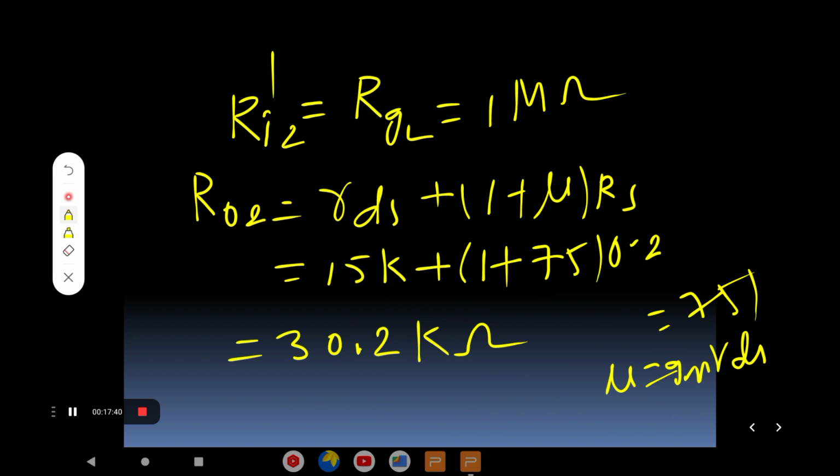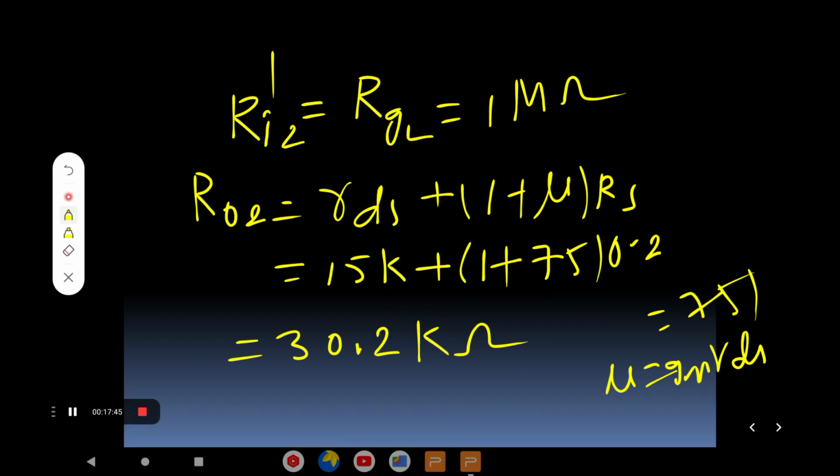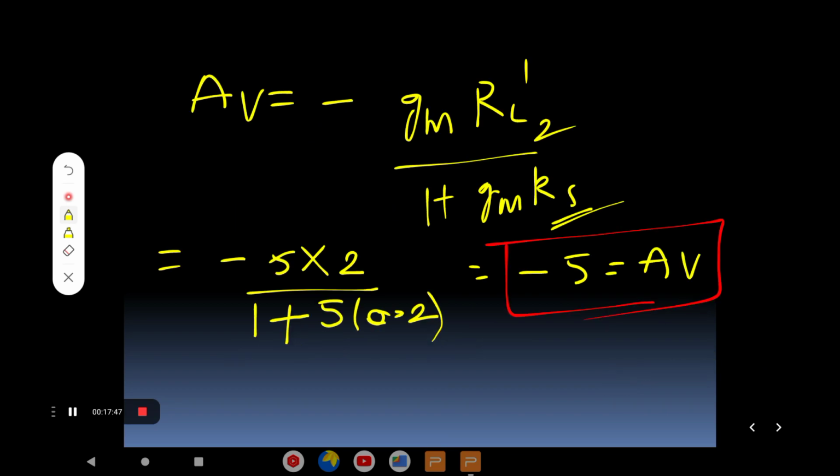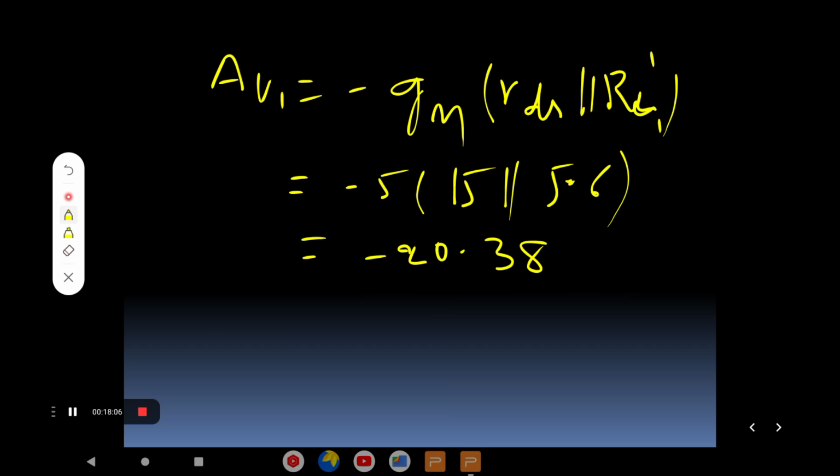That is the case for the RO2 formula variation. At the same time, the gain formula also varies a little bit. With the bypass case it is GM into RD parallel with RL dash, but for the without bypass case there is a different formula for voltage gain. This is very important. You have to note down these formulas. Then you can calculate the voltage gain, input resistance and output resistance. Those are the important considerations.